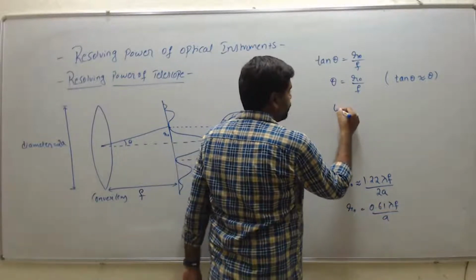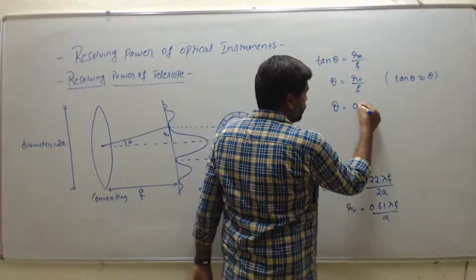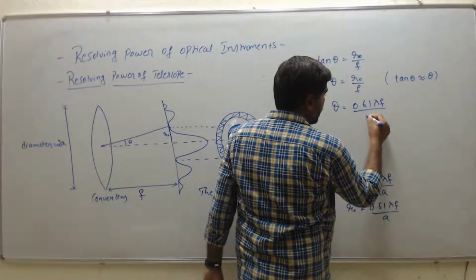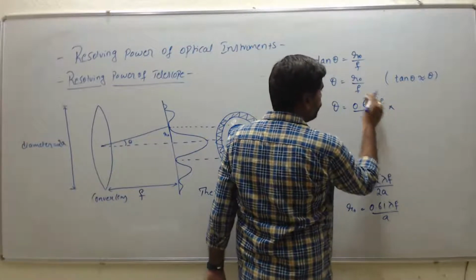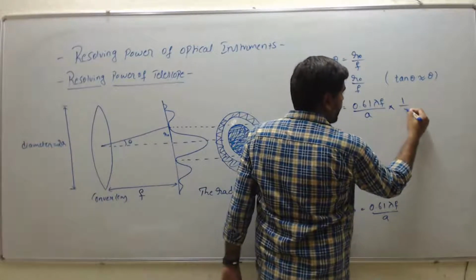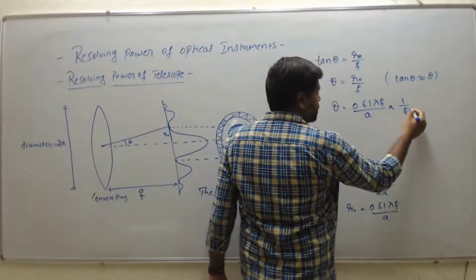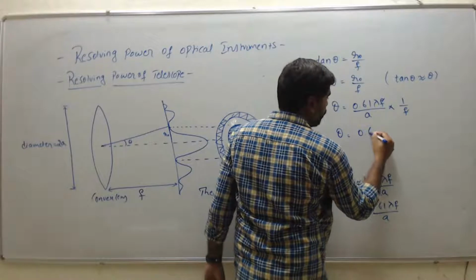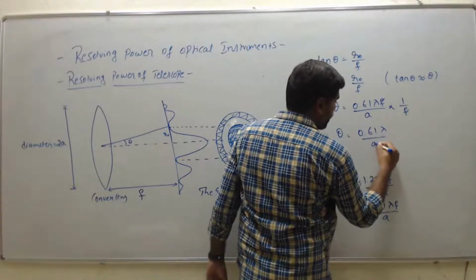If we substitute, theta equals 0.61 lambda f divided by a into 1 by f. Cancelling f, we get theta equals 0.61 lambda divided by a.